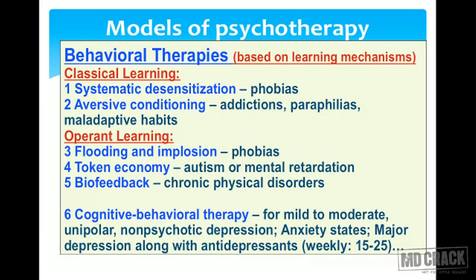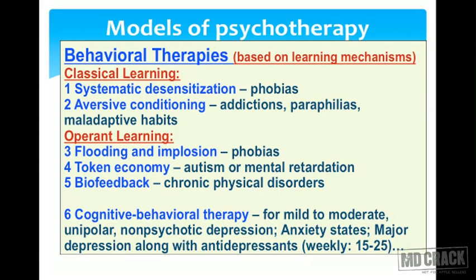I would like to advise you to have a look at this particular slide once again, and you have to pick up the important type of therapy for a particular type of illness, for a particular type of condition, based on the method of learning. For example, you may be asked, a patient with alcoholism or addiction is treated with aversive conditioning. This particular therapy is based on which mechanism of learning?